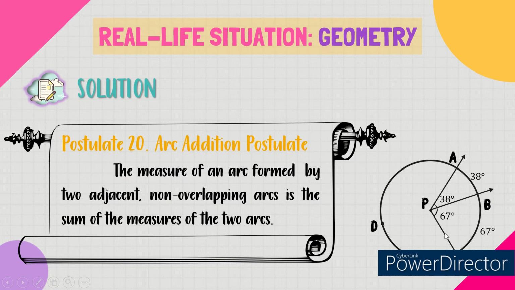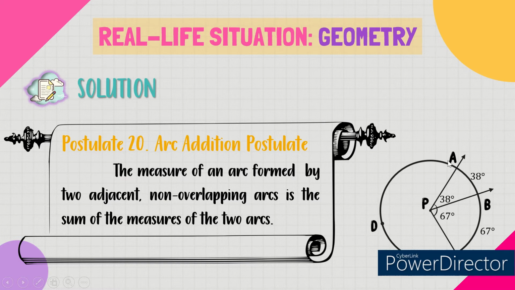Meaning, like here, we can get the measurement of arc ABC by adding the measurement of arc AB and arc BC. And just as additional information, this angle APB and angle CPB are what we call central angles because their vertex lies on the center point of the circle.